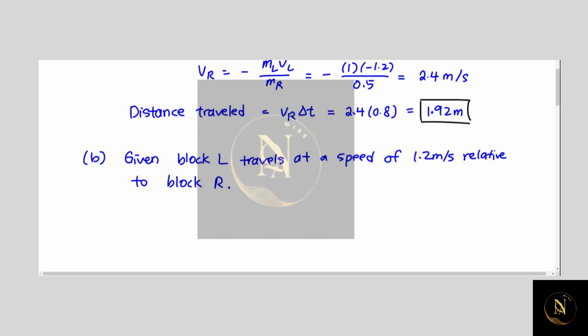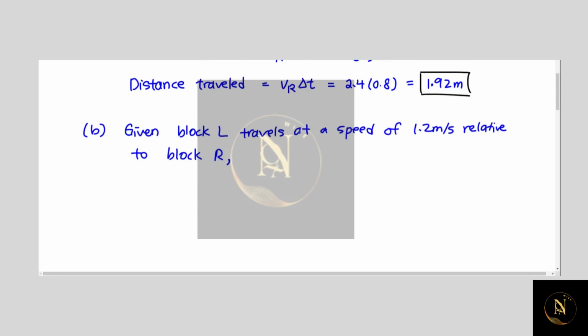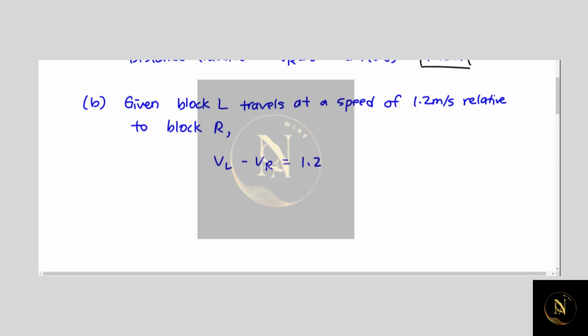We will write this equation: VL minus VR is equal to 1.2. However, since VL is to the left, VL is itself negative, because we take right to be positive.